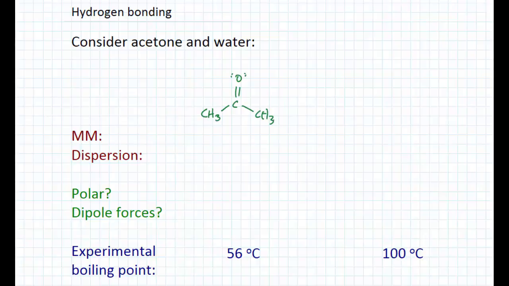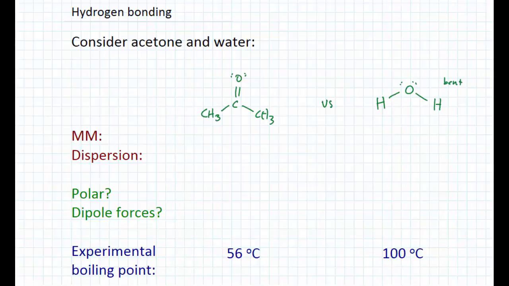Okay, that's acetone. We can compare that with water. Remember, whenever we're talking about polarity or anything, it's important for us to draw the two single bonds to an O as bent, like that. Otherwise, we might get the wrong idea about the polarity of that.